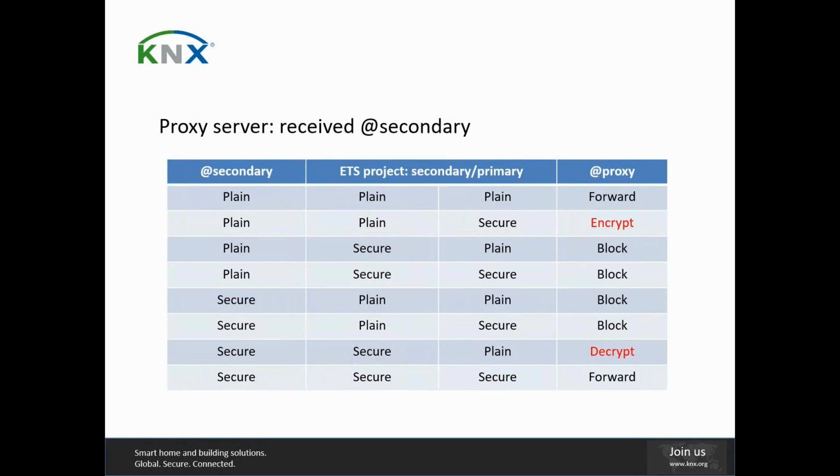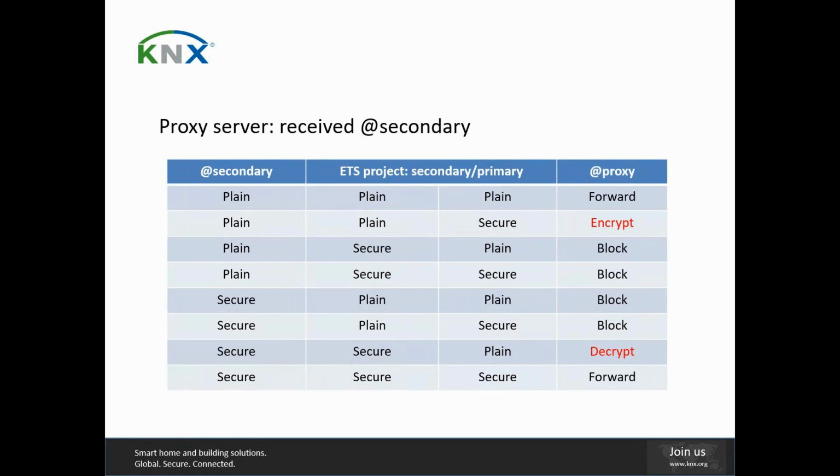My question basically is: the proxy server has to perform the encryption and decryption for the telegrams if it is configured to do so. And to be able to do this, it has to store all the device specific keys. Is that correct? Yes, of course.